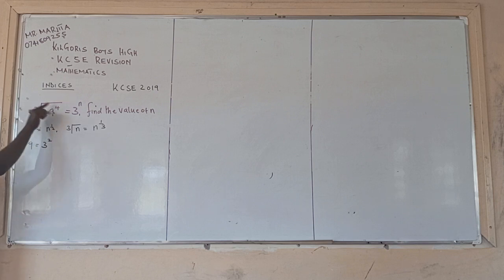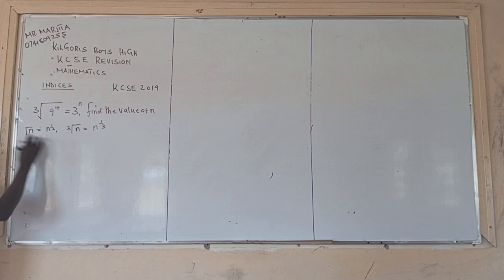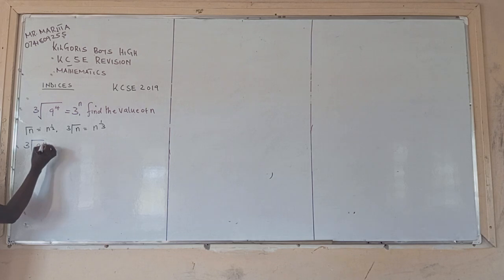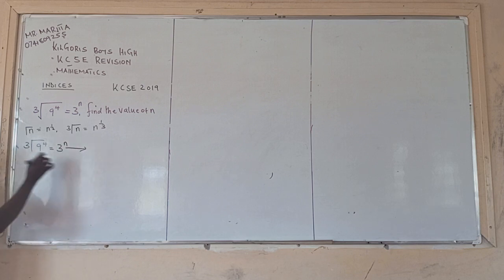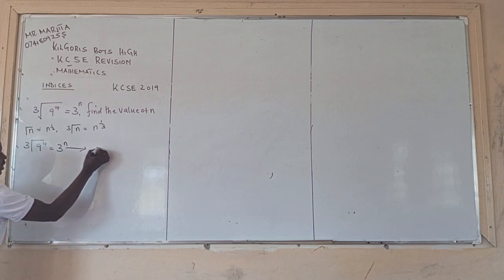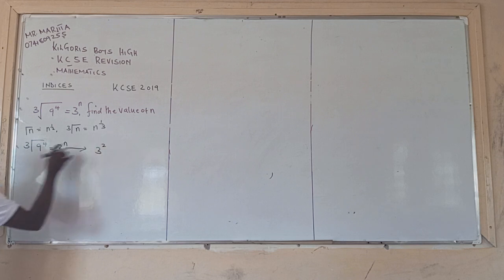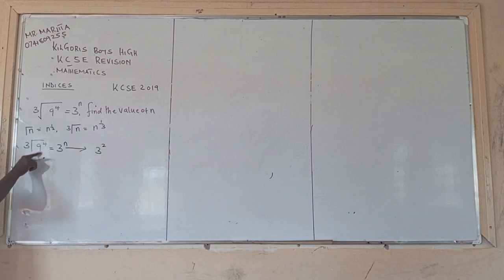So we can write that the cube root of 9 raised to power 4, which is equivalent to 3 raised to power n, as 3 squared, which is 9, raised to power 4.